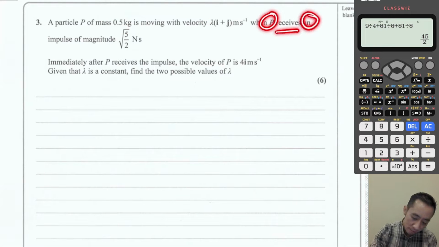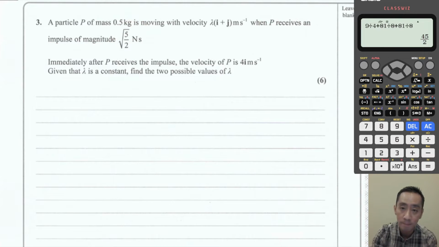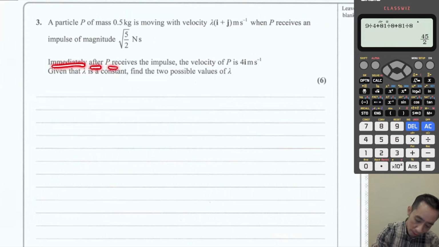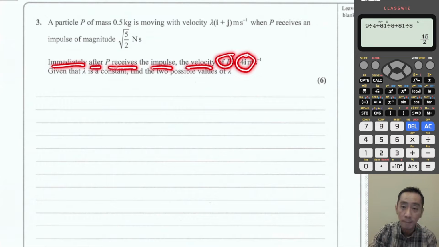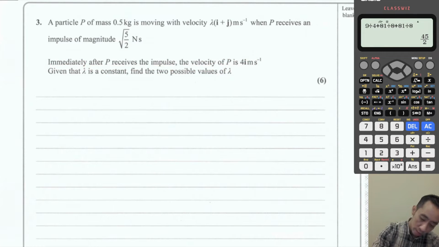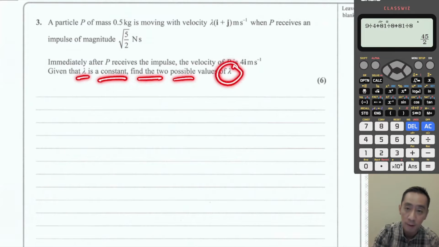Then P received an impulse of magnitude square root of 5 over 2 Newton seconds. Immediately after P received the impulse, the velocity of P is 4i. Given that lambda is a constant, find the two possible values of lambda.